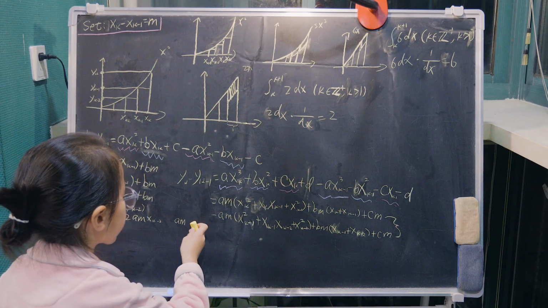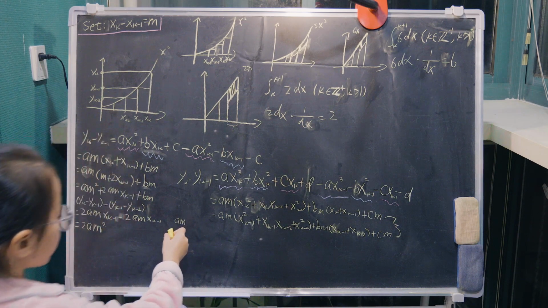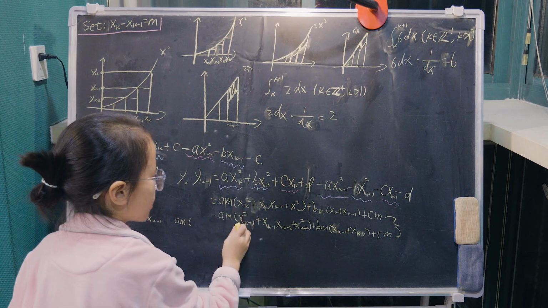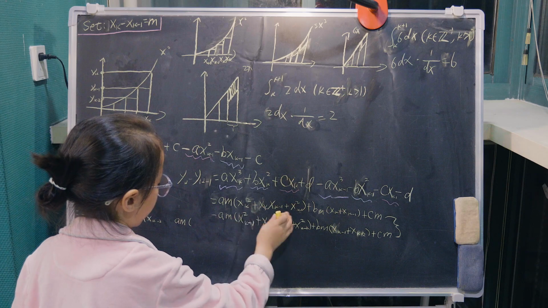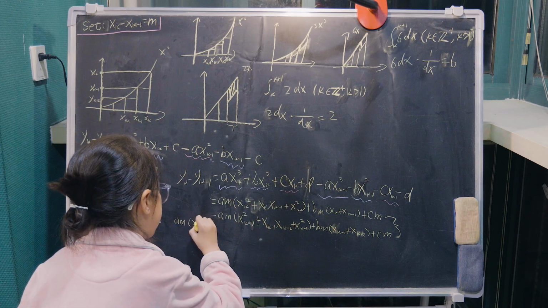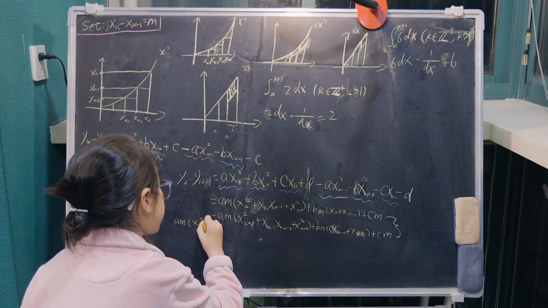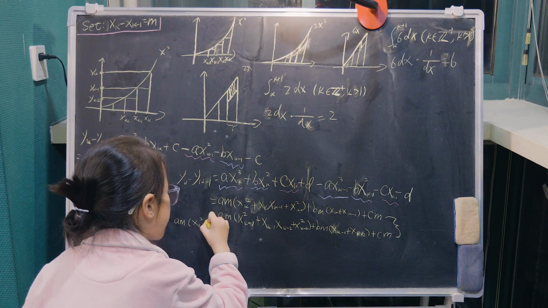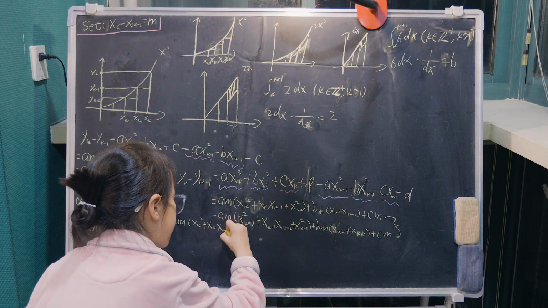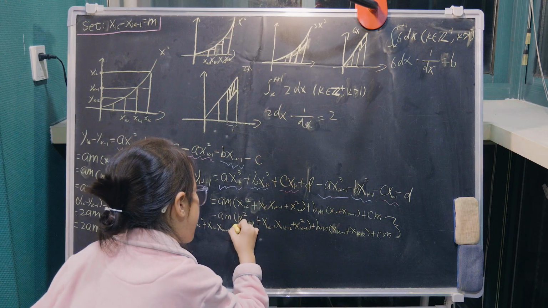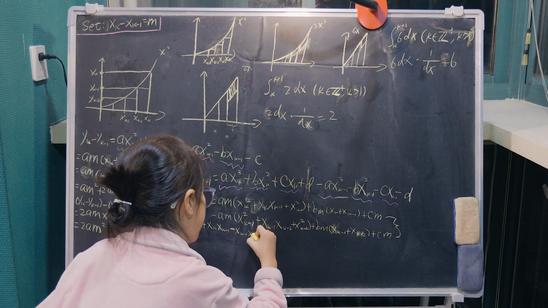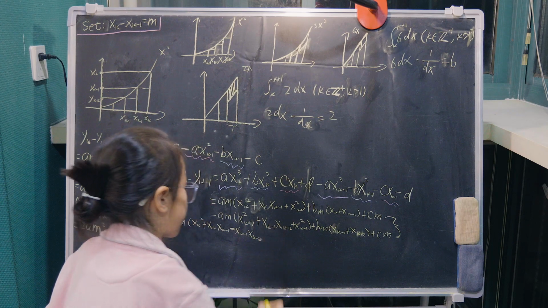And then see here, this minus this, and these two terms are canceled out because this part is negative. So xk squared, and then plus xk times xk minus 1, and then minus xk minus 1 times xk minus 2.